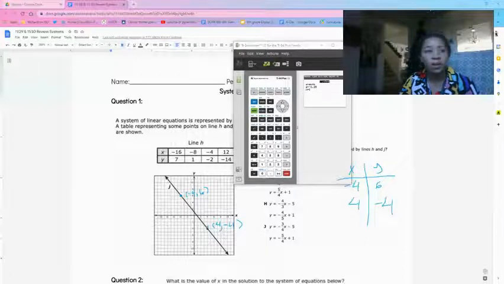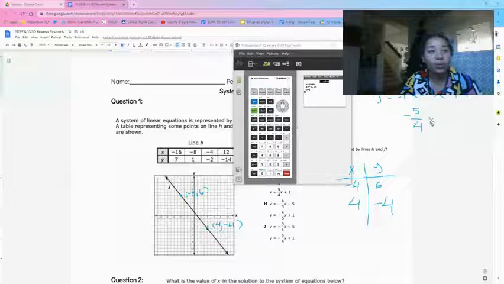So line J is going to represent y = -1.25x + 1. So that's how you write it. Now, if you would like, you could write this as a fraction. This as a fraction would be -5/4.